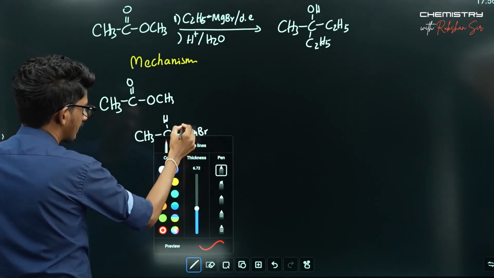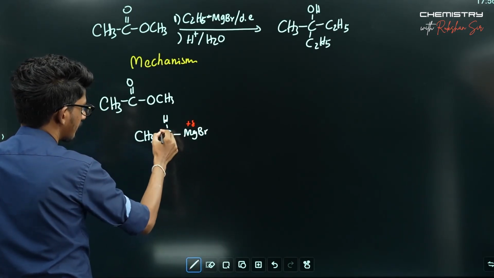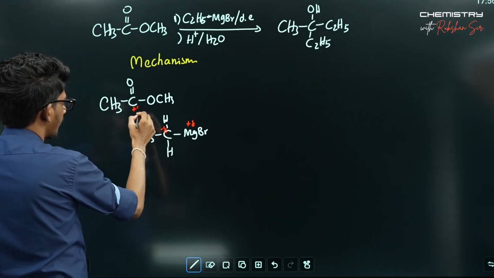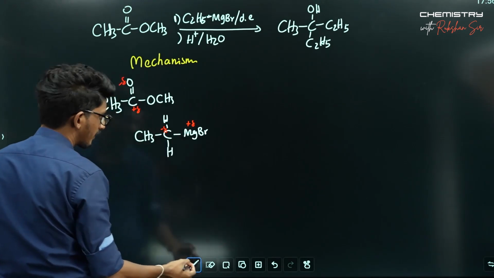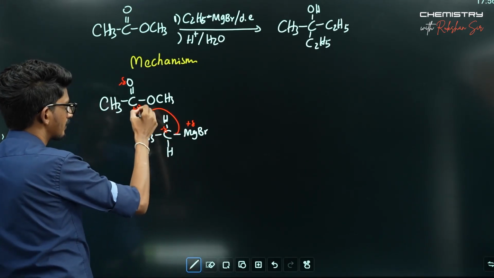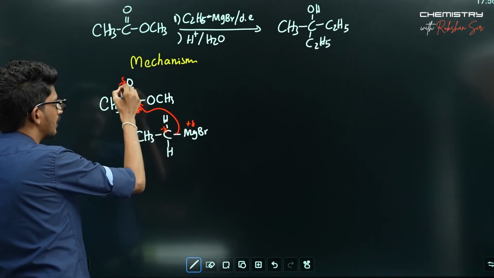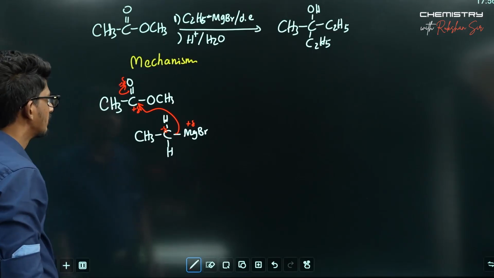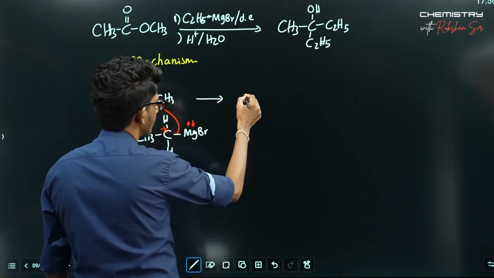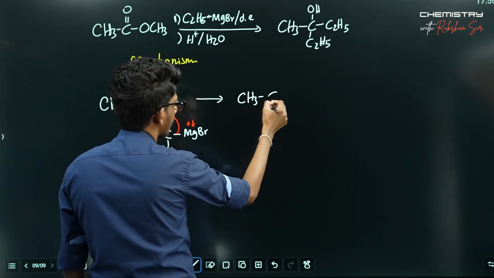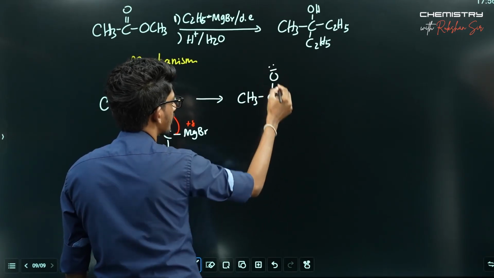The polarities are like this due to the differences. So the Grignard will attack like this, and the weakest bond, the pi bond, will leave. With this, we come up with this intermediate compound.